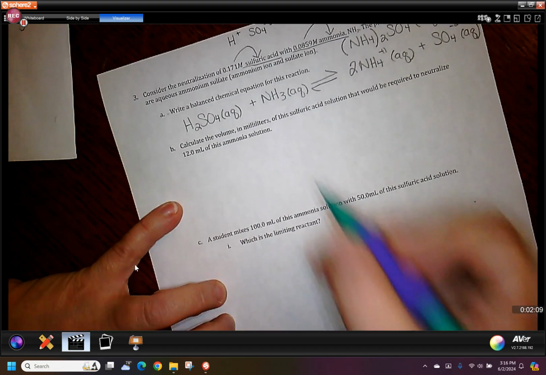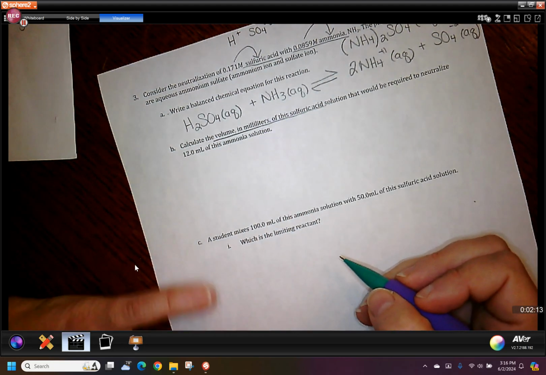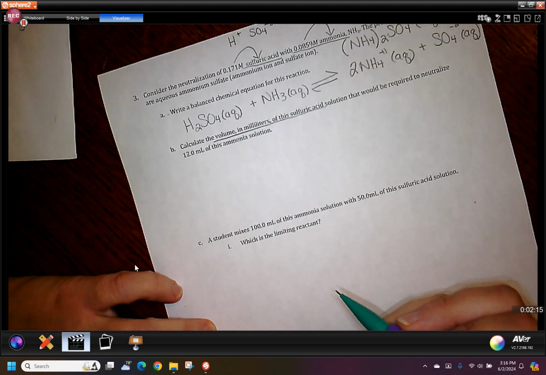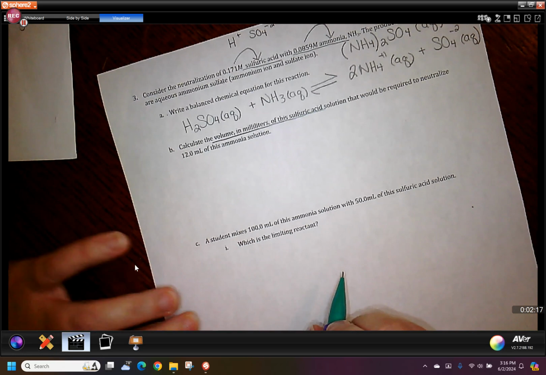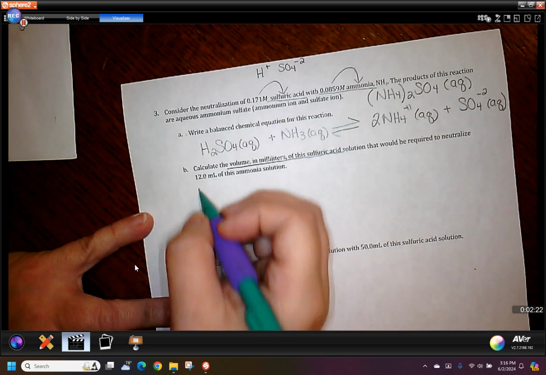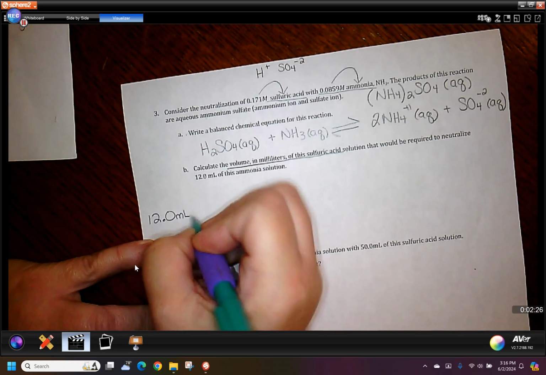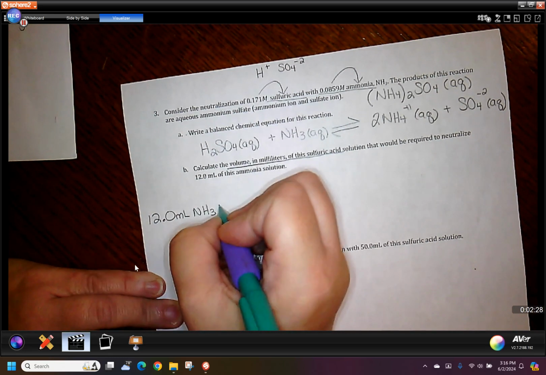Okay? They want us to calculate the milliliters of acid to neutralize 12 milliliters. So we folks are going milliliters to milliliters. Okay? So this is a nice long one. So I've got 12.0 milliliters of NH3.